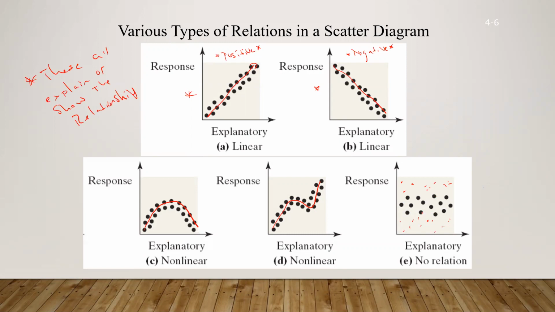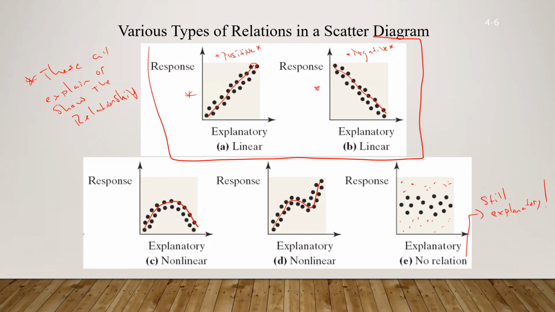Just all over the place, the scatter plot does still explain the relationship between the two variables. It's just saying, hey, guess what? There is no relationship. Still explanatory. But for this class, what we're mostly going to focus on is this stuff right here, okay? This linear relationship between variables.